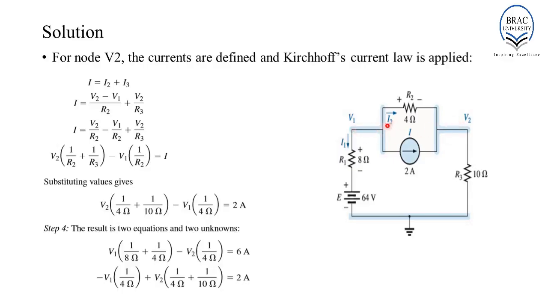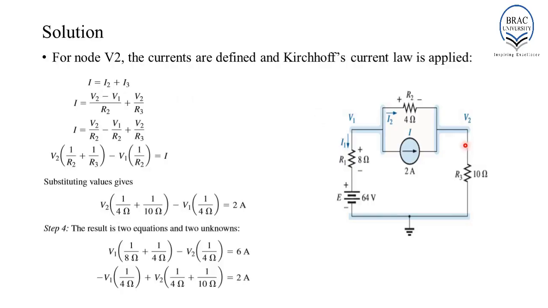Hence, the direction of this current will change. Now, we will assume that I2 is the current flowing from V2 towards V1. So, after applying KCL, the expression we will get is I equals I2 plus I3.